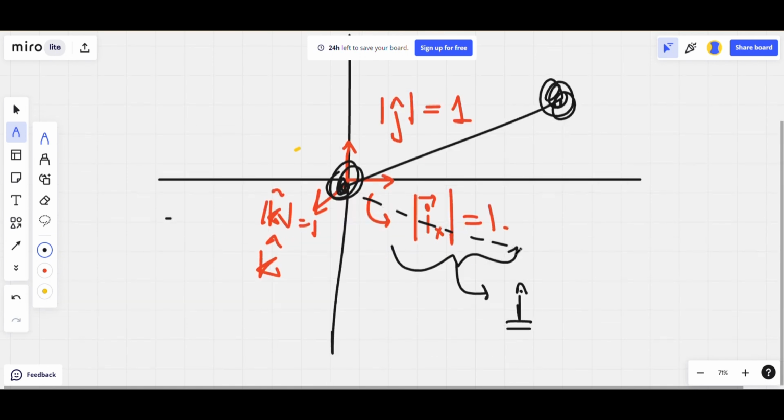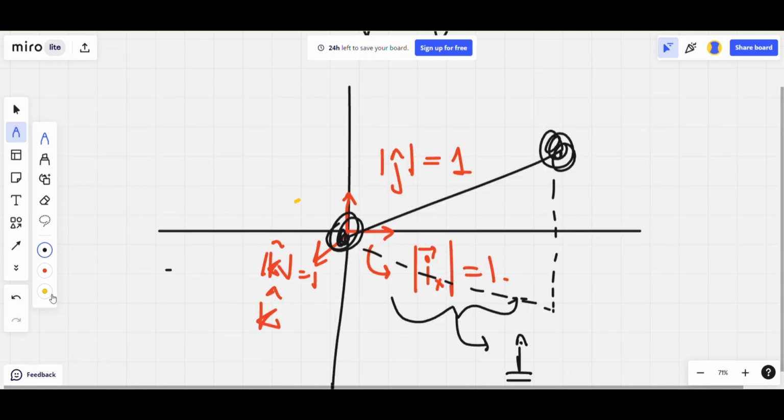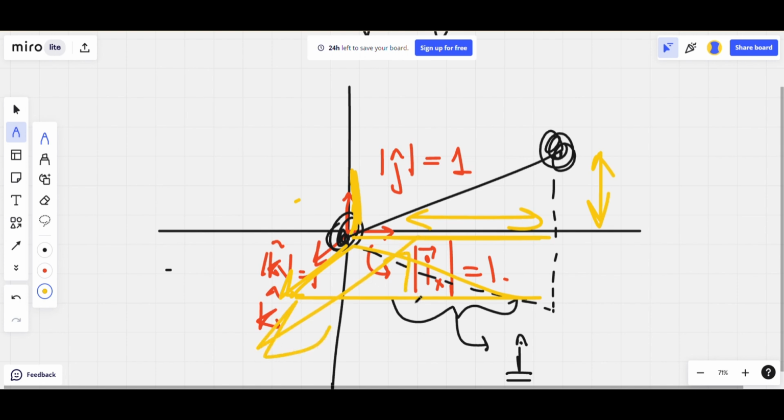If we draw the projection of it in 3D, you can imagine it has some component in the x-axis, some component in the y-axis, and some in the z-axis.